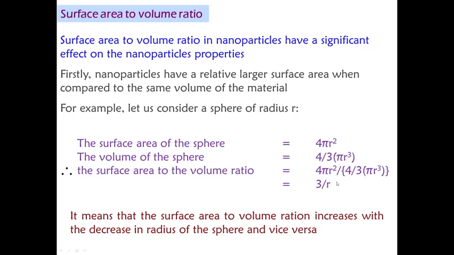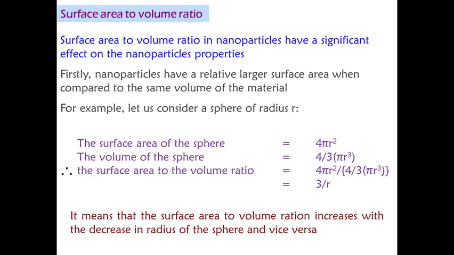So when r is reduced, surface area is increased. When r is increased, surface area is decreased. So this indicates that as the radius decreases, surface area increases. Size decreases, radius decreases, surface area increases by 3 times. So likewise, several times decrease in the size of the material, then only we can reach nanoscale. So that much surface area will increase.